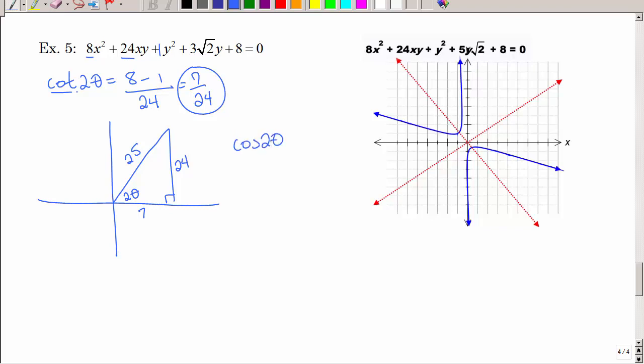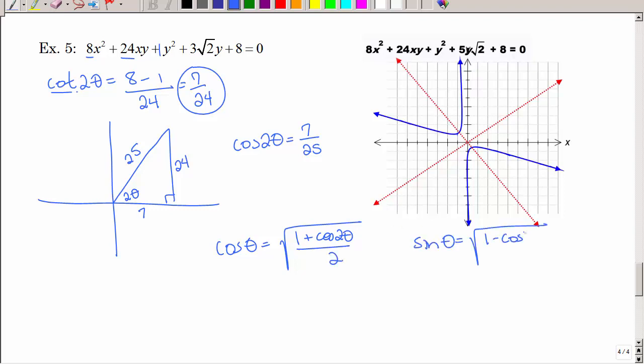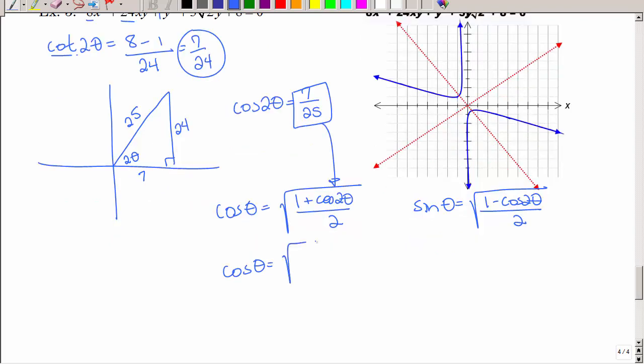So the cosine of 2 theta is 7 over 25, and I only need to know that because of these half-angle formulas. So I'm going to substitute this value in. So let's just do the arithmetic.